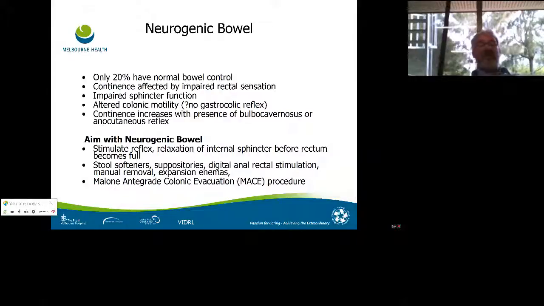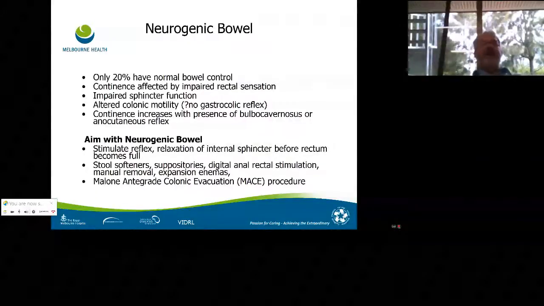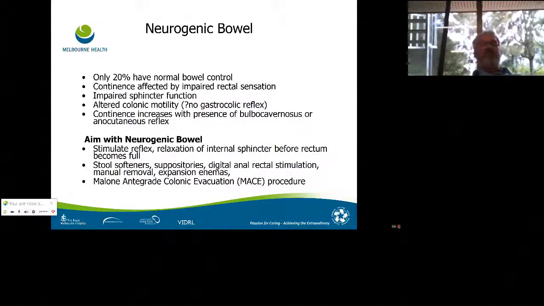And a MACE colonic, MACE antegrade colonic evacuation procedure, is the use of the appendix to be joined up to the cecum as a stoma, so that there can be antegrade colonic washouts rather than the normal retrograde colonic washouts.